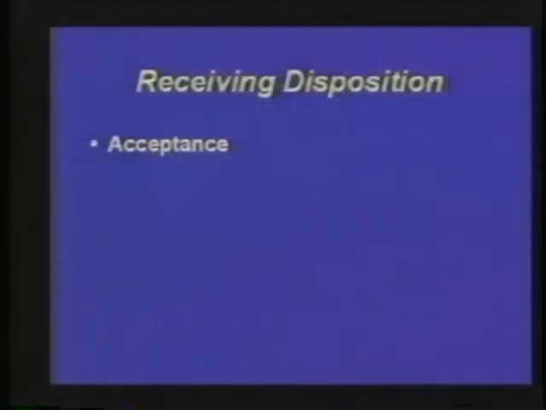The next exhibit pertains to the receiving disposition. Now you may say, that's kind of funny, receiving disposition. Well, it's not funny. We hope all items are accepted, but you and I know from experience that maybe some items are going to be rejected, and maybe there isn't anything you could do with the item except return it to the supplier for rework.